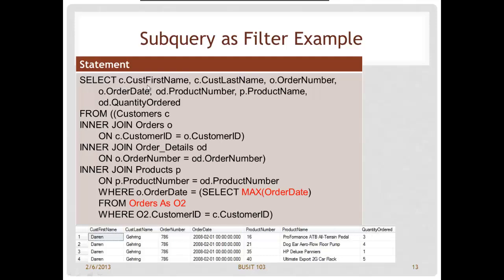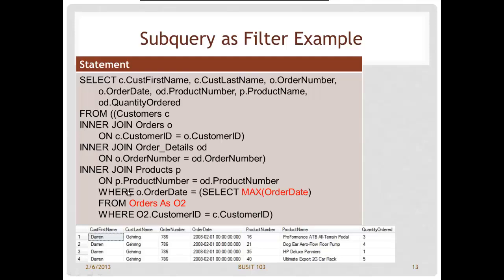So we're going to select those items from customers, inner join orders on customer ID in both tables, orders inner join order details on order number in both tables, and order details inner join products on product number in both tables.